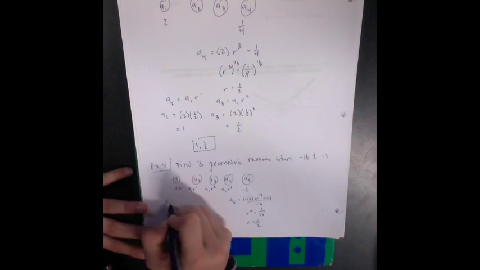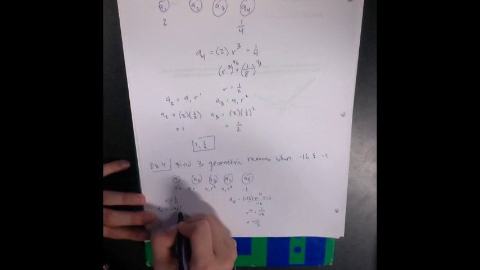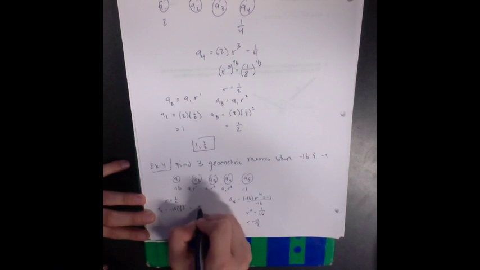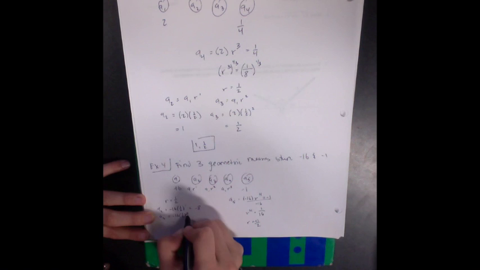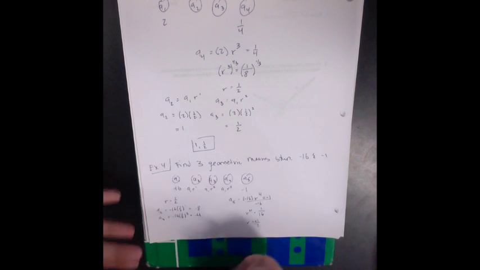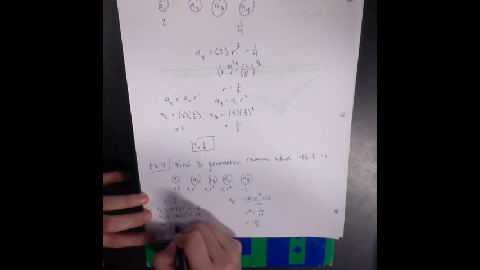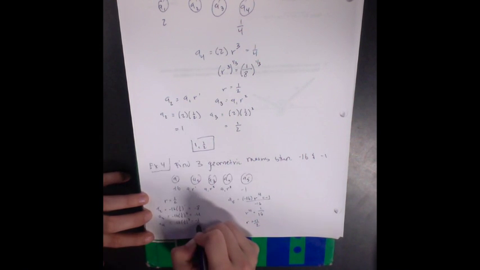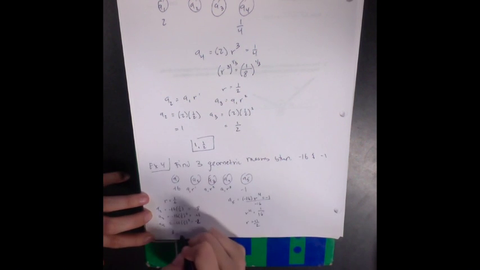Our first case is r is 1/2. Then A2 is negative 16 times 1/2 to the 1, which is negative 8. A3 is negative 16 times 1/2 squared, which is negative 4. And A4 is negative 16 times 1/2 cubed, which is negative 2. So I'll have negative 8, negative 4, and negative 2.